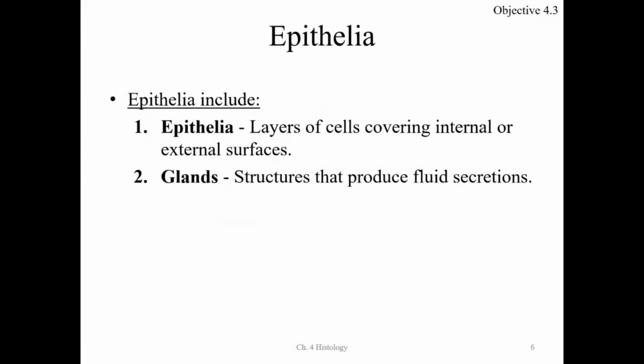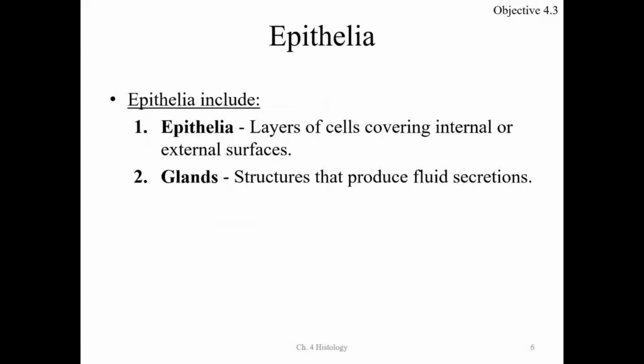As we get into epithelia, we said that tissues can be the cells and the stuff they secrete. The stuff they produce, their products, things like extracellular matrix, falls in the world of histology.